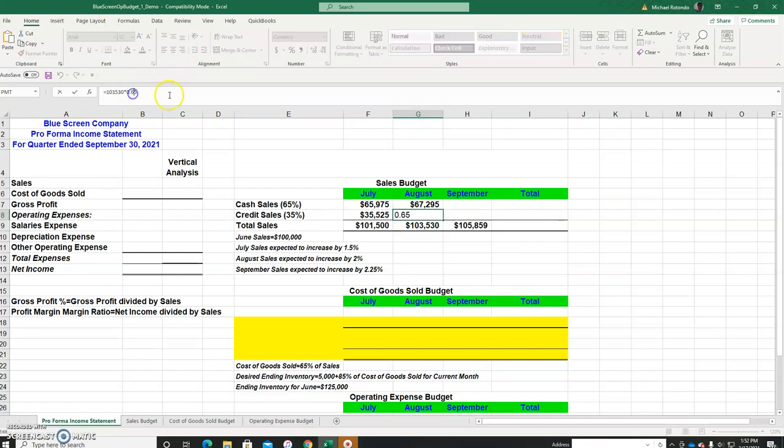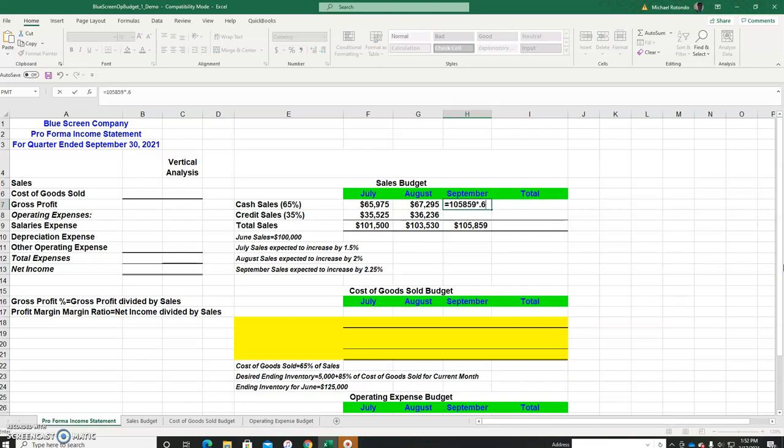This will be 0.35, not 0.65. So it looks like it's off $1, but that's because of rounding. Excel will automatically round numbers. And then for September, we would do the same.